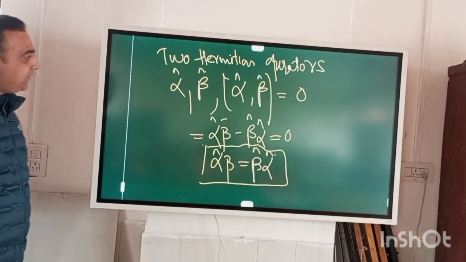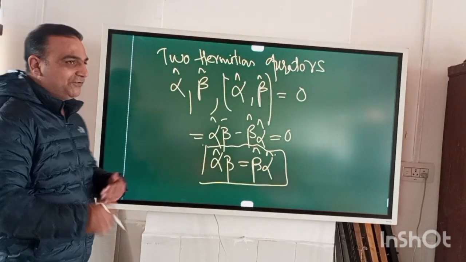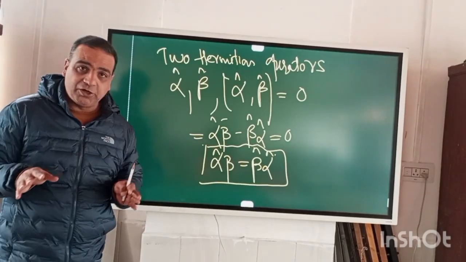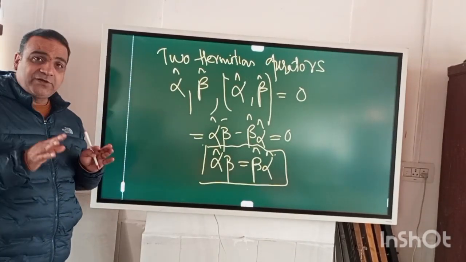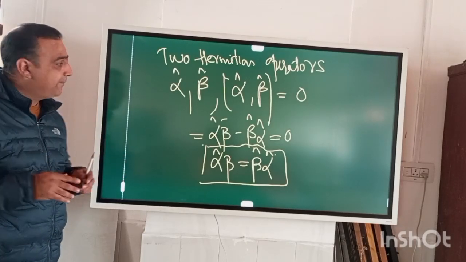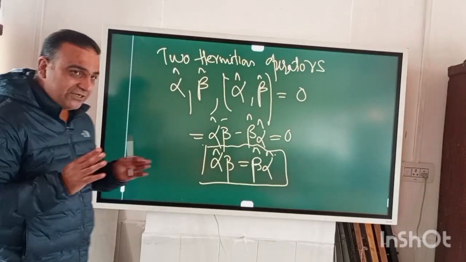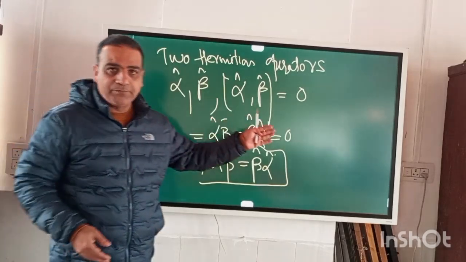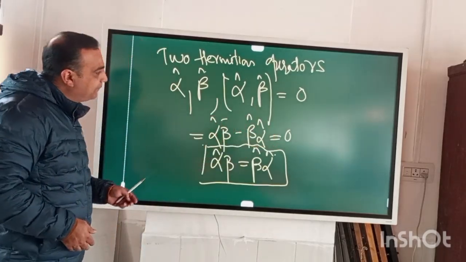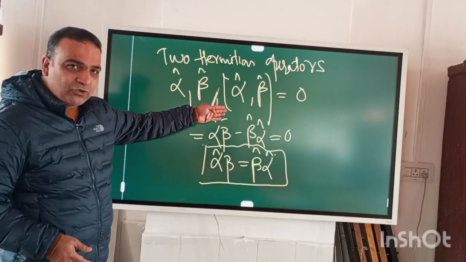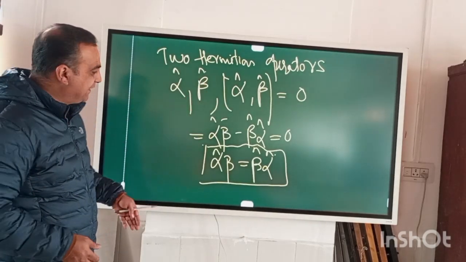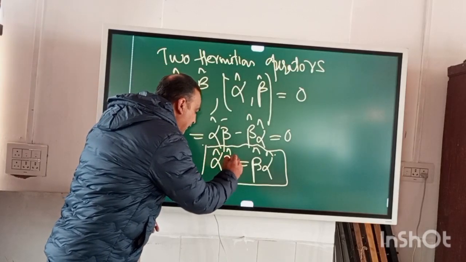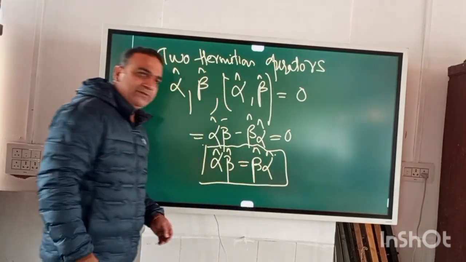All right? So we are just trying to build a problem first. So I assume that there are two Hermitian operators, and these operators are alpha cap and beta cap. And I assume that these two operators commute. So if they commute, their commutator is equal to 0, and I expand this commutation between alpha cap and beta cap, and I can write alpha cap beta cap equal to beta cap alpha cap.